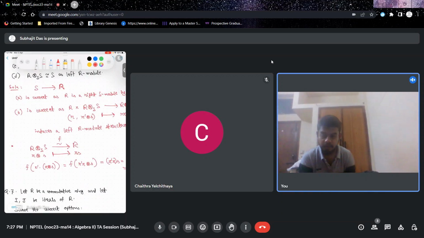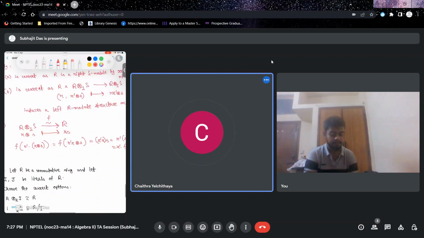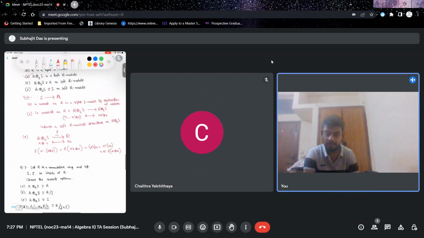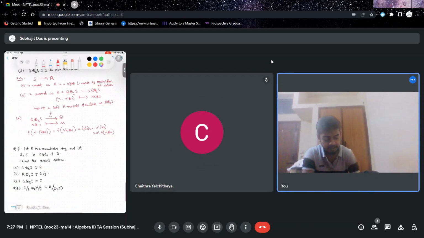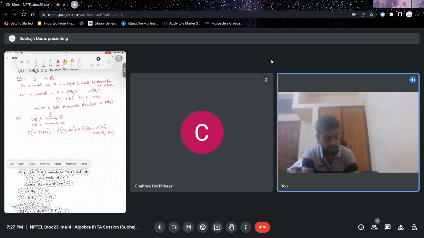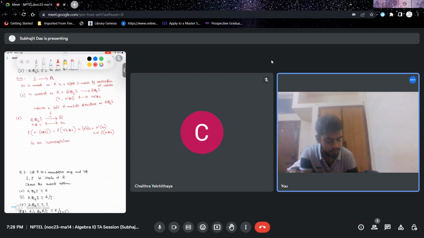Is it okay? If you have questions, you can ask me. Always. You can just stop me and ask me. So this is an isomorphism of left R modules.